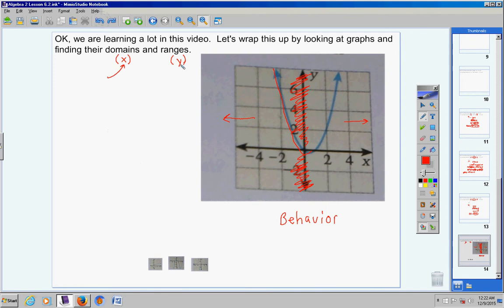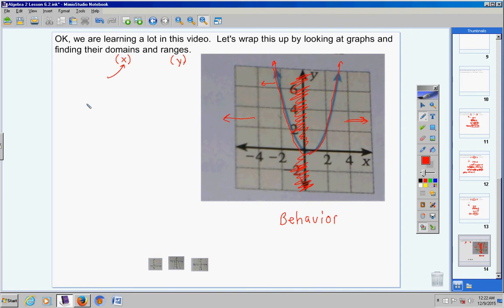So even though it might be really gradual, this parabola will continue to go up. And as that continues to go up, it'll continue to go left also. As this side of the parabola continues to go up, it will continue to go right. So there's no boundary to the left or to the right. In other words, this graph, if you kept graphing it, would go up, up, up, and further to the left and further to the right.